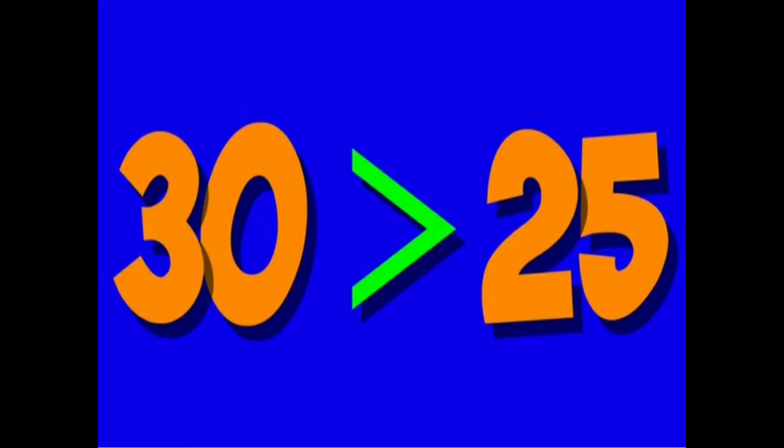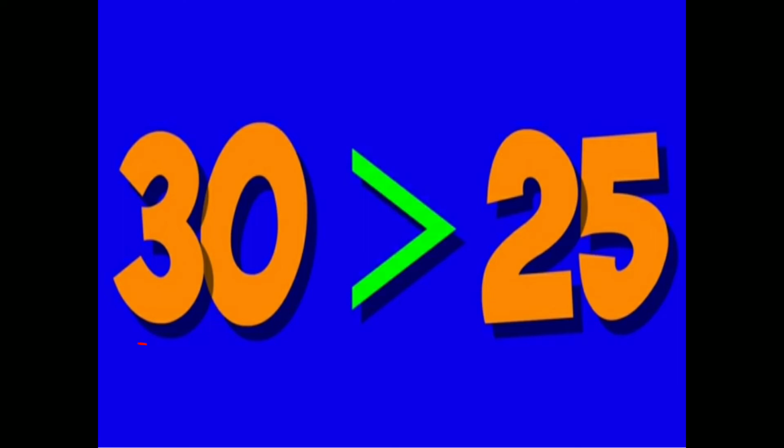here we have two numbers, 7 and 5. So here, as we know, 7 is greater than 5. When we have two-digit numbers like here 30 and 25, we need to compare their places. So first we compare the tens place.